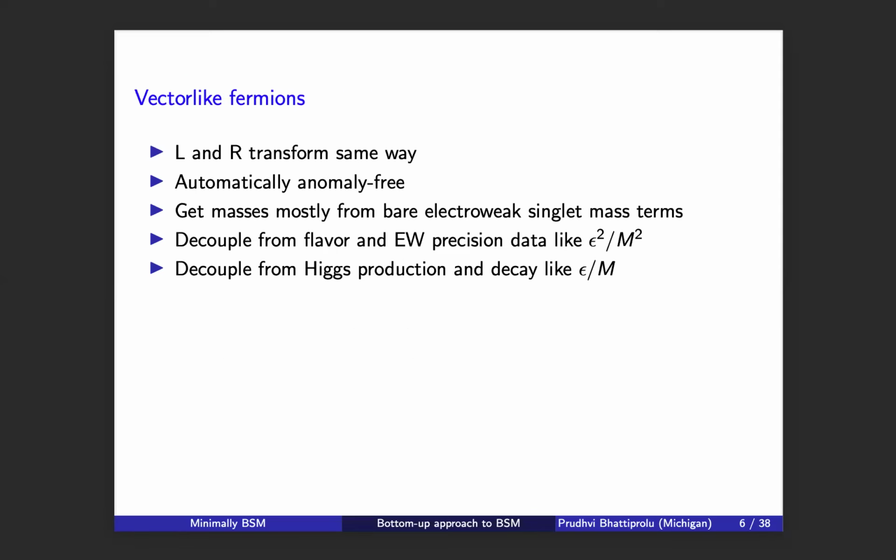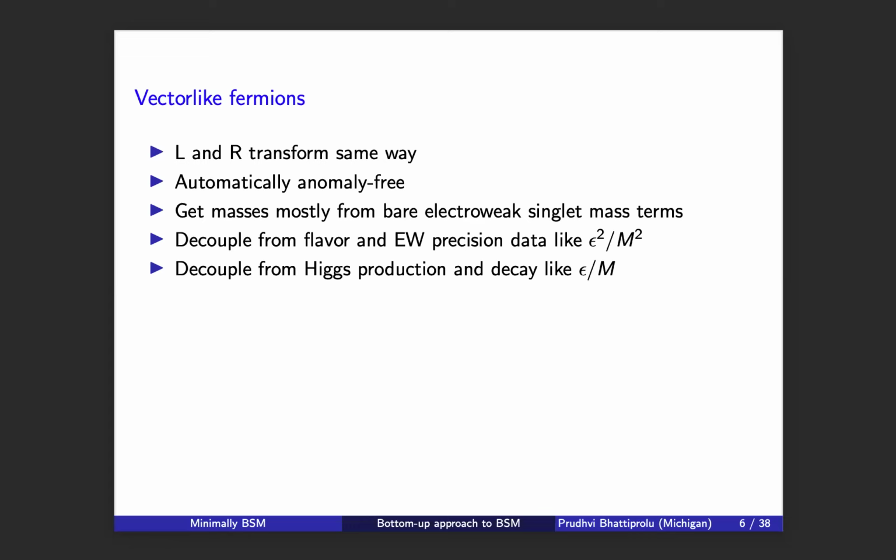So these are fermions where the left and right-handed transform the same way under SU(2) cross U(1). And these are automatically anomaly-free, so we don't have to worry about that if we add more vector-like fermions in the theory. And since these are vector-like, we can actually have a Dirac mass term. That is, we can have a bare electroweak singlet mass term to get most of its mass.